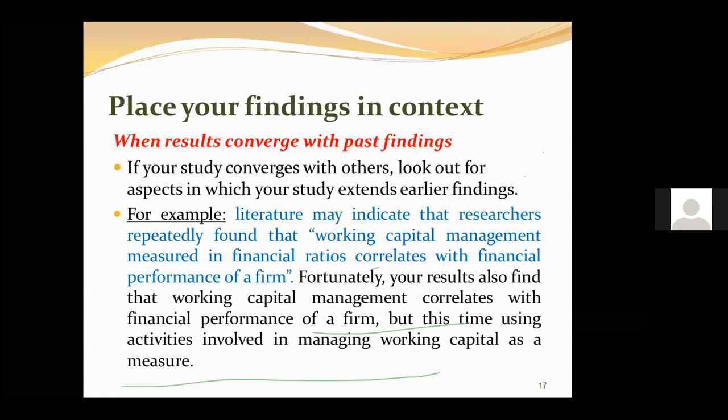To do this, think about how your study compares with earlier research in terms of population characteristics, measurement tools, independent variables, research designs, procedures, their findings, etc. Then think about whether your results do these three things. Number one, converge, clarify, contradict past studies.